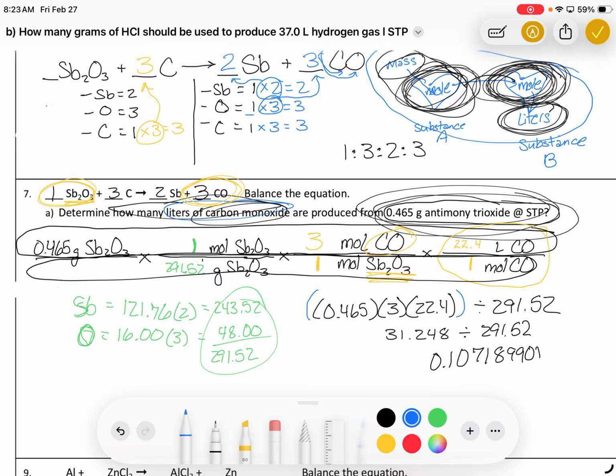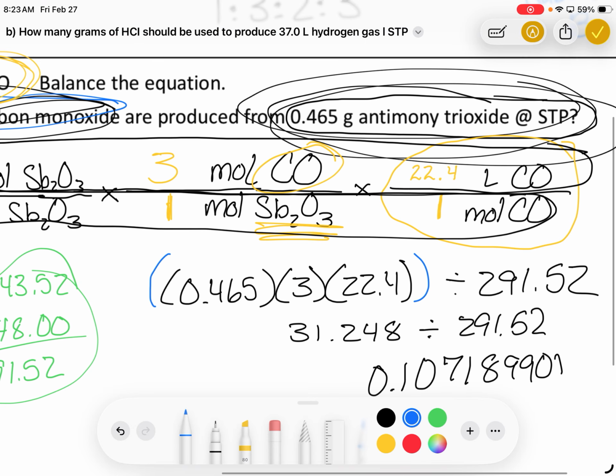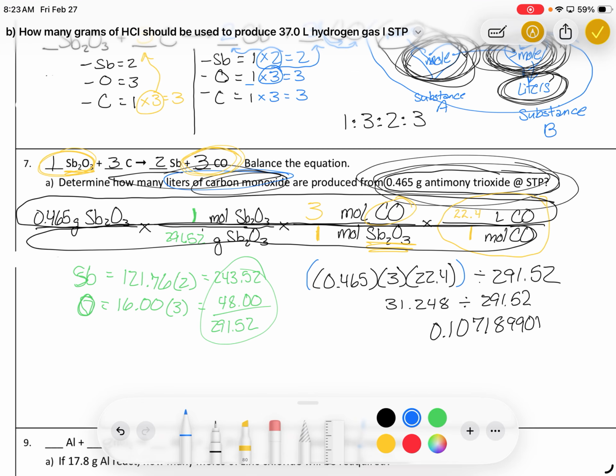Should I tell you how many decimal places to round to? Well, hopefully, what should you use as your basis? You should use sig figs when you're given. How many sig figs are we given? How many do we start with? Well, reminder, is this 0 significant? No, zeros were not born to lead. That 0 is not significant.